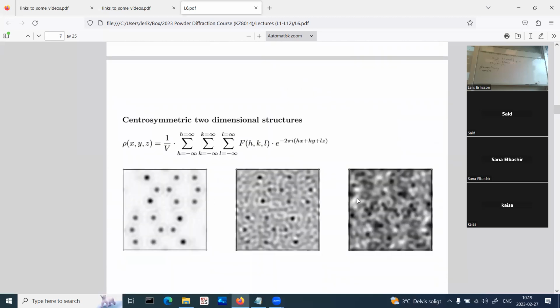With the centrosymmetric structure, then if this is the correct model, the only thing that you need to guess is the plus or minus sign. So we know the phases plus or minus, and then just random amplitudes. We could actually reconstruct something that is recognized when you know the answer.